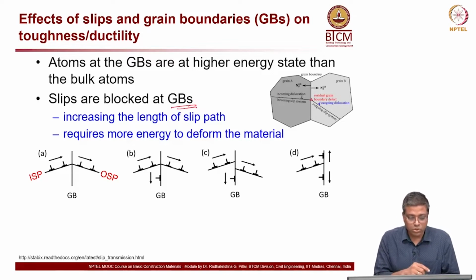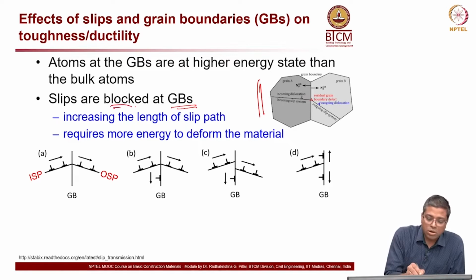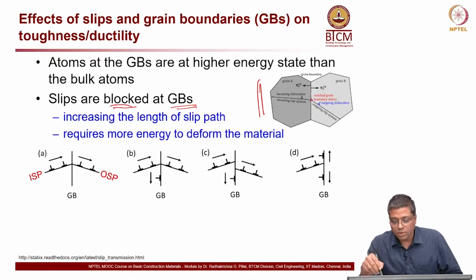We showed that drawing earlier, and I have repeated the same drawing here. The slips are blocked because the grain boundary acts as a crack inhibitor, stopping the crack from progressing.